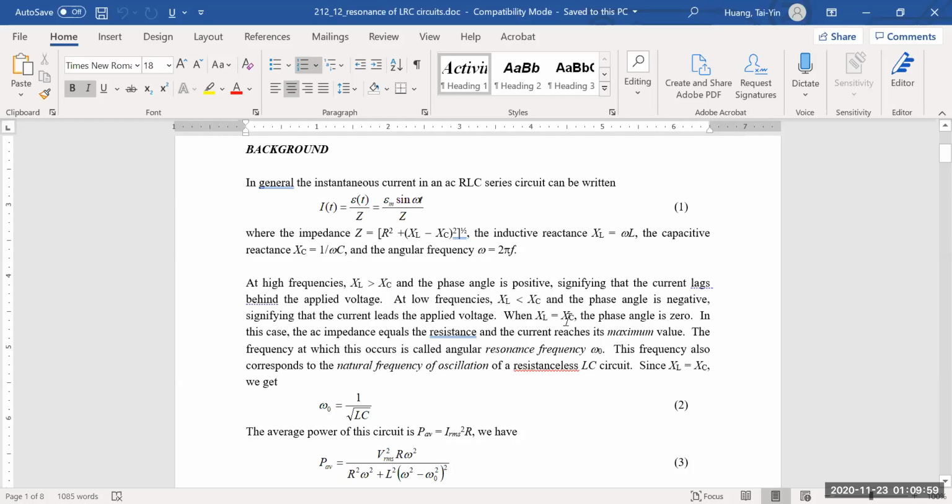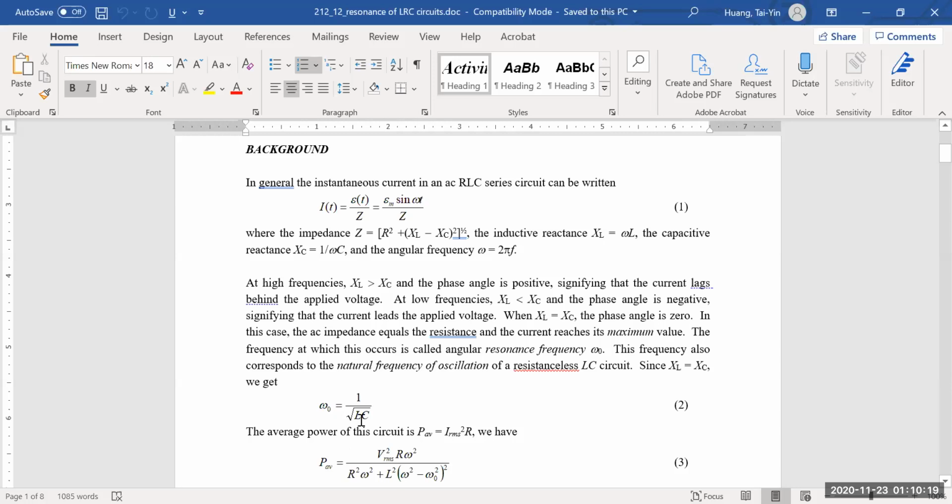That frequency is called the resonant frequency. And how do we find that resonant frequency? It is the natural frequency of oscillation for an LC circuit, where there's no resistance. Then omega naught is equal to 1 over the square root of LC.